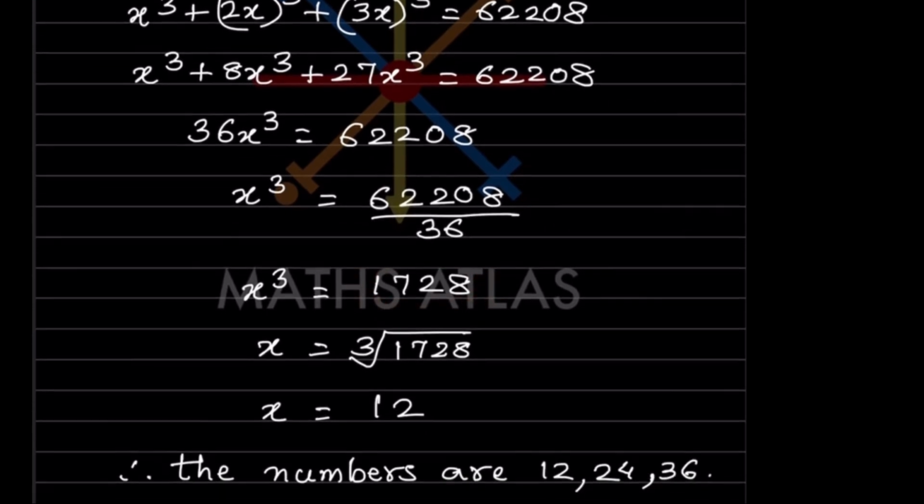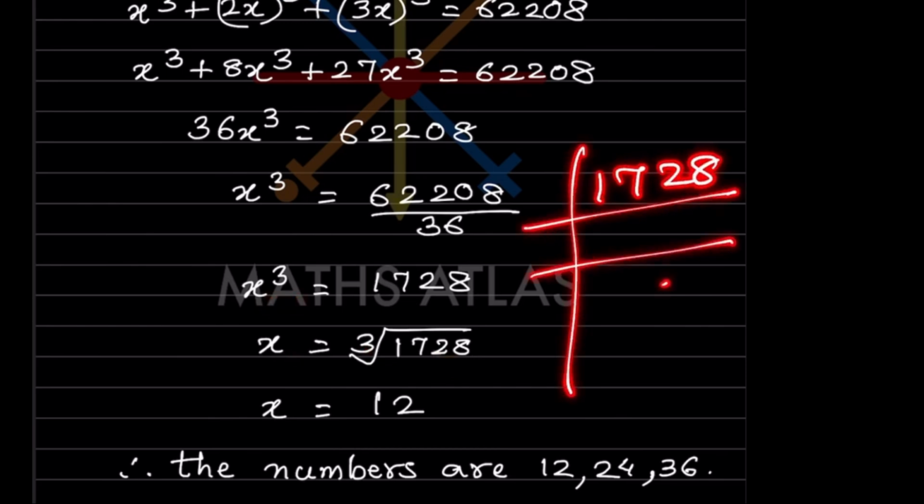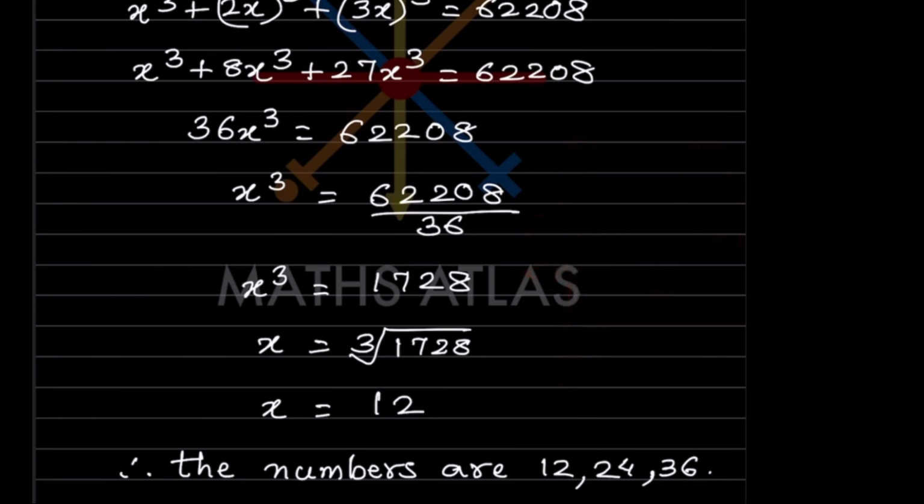So you get 1728. So now this is for x cube, but x will be the cube root of 1728. Again this 1728, you can take the prime factors with the help of the prime factorization method, and you get 12. We have done this before. Whatever we did, we will find out the factors, and then you group them in threes, and then you get x is 12.